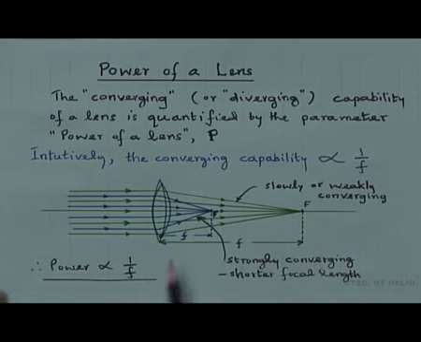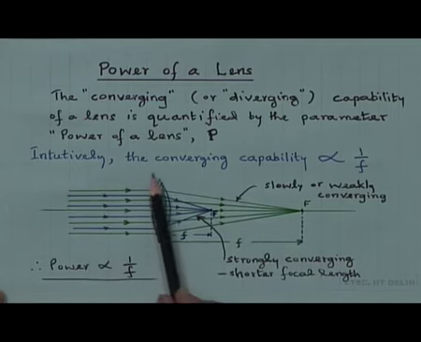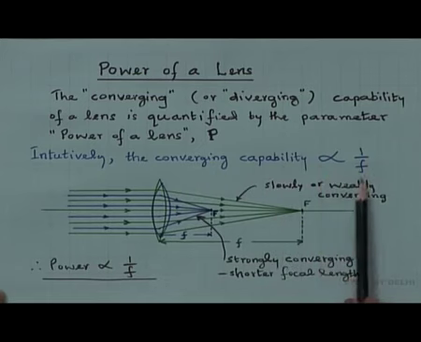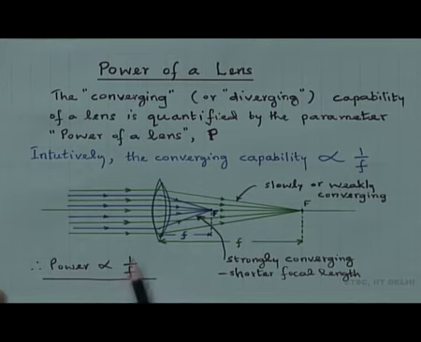Whereas in this case, it is focusing rapidly to a point F which is close to the lens. Therefore, smaller the focal length, stronger the converging ability, and larger the focal length, weaker the converging ability. In other words, intuitively we can say that the converging capability is inversely proportional to the focal length. So the power of a lens is inversely proportional to the focal length.